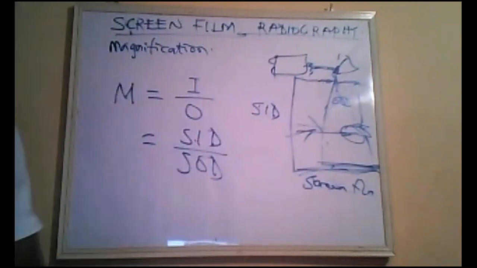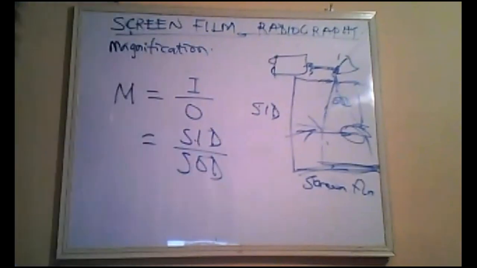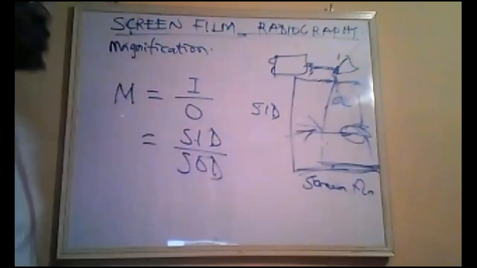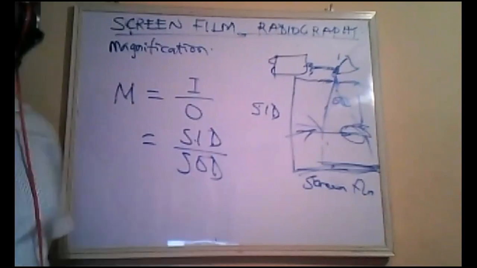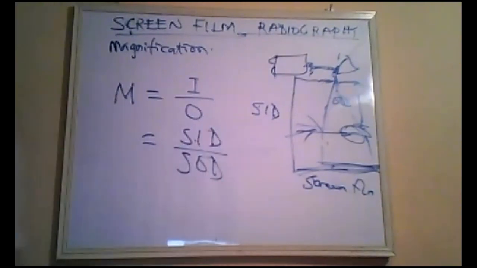But for most radiography processes, the screen is placed as close to the patient as possible, just to prevent magnification. So the magnification will be about 1, that is, SID and SOD will be approximately equal.